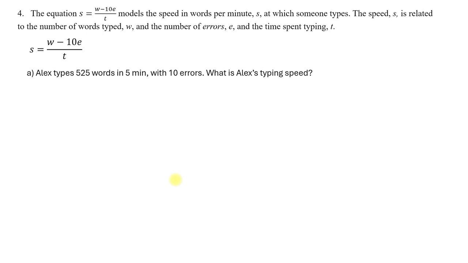Now, question A tells us W is going to be 525. The errors, or E, are going to be 10. And the time is 5 minutes. So we take these values for W, E, and T, and we plug them into our equation.